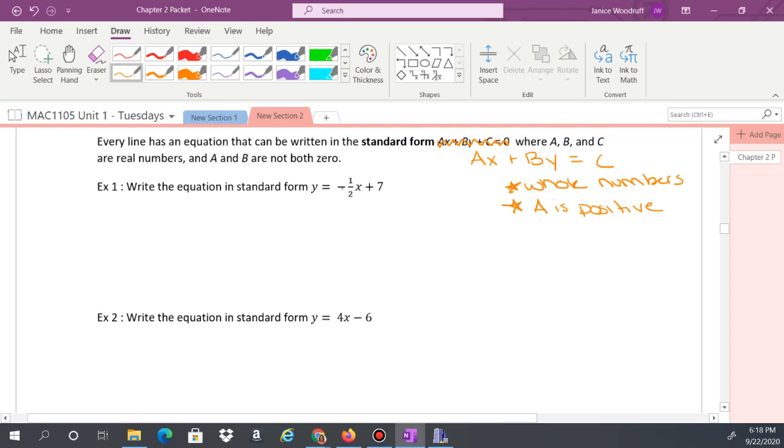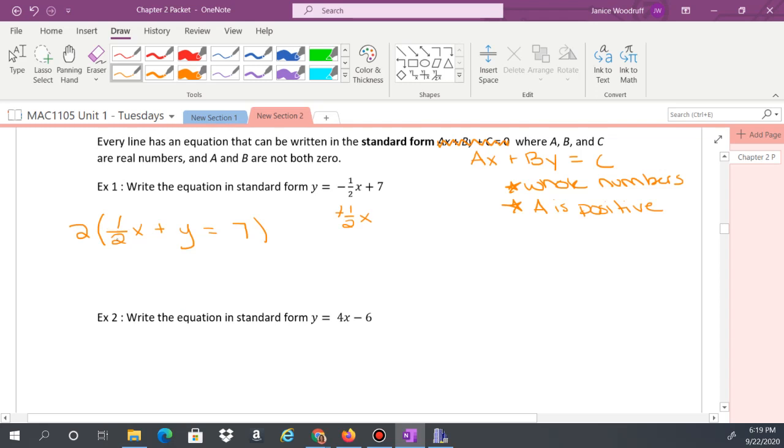So in this case, what I would do is take that negative 1/2 x and add it to both sides. I'm going to get 1/2 x plus y equals 7. Then I want whole numbers. So I have to multiply the entire equation by this denominator here of 2. I want this to be positive.